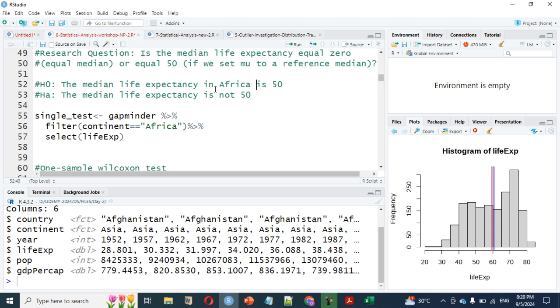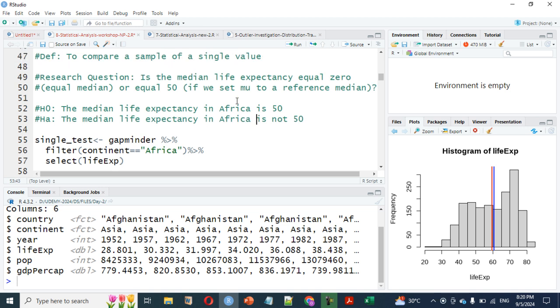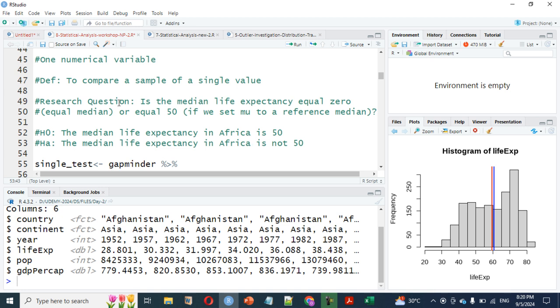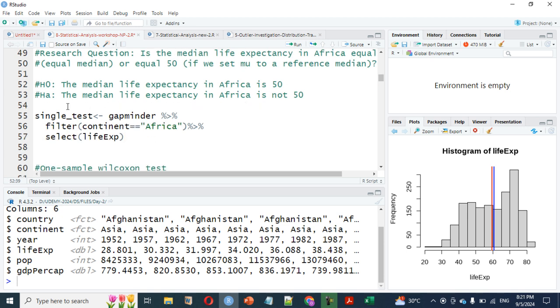So let's define the question again: in Africa, equal to 50. So now we have our hypothesis question.